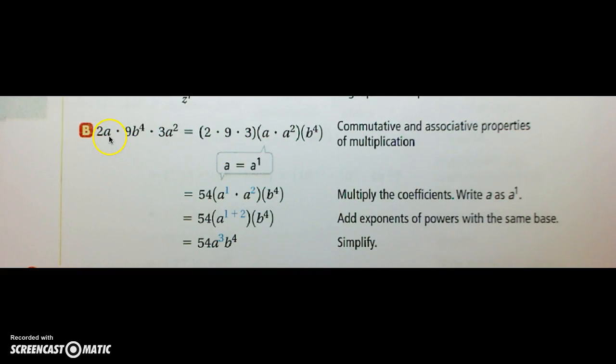And then we look at how many a's we have. We have 1 right here, the exponent, there isn't any, so it's understood as 1. And here we have 2 more. So we have 1 plus 2 is 3. And then we realize we only have 1 b, but it has an exponent of 4. So b to the 4th power just gets carried along to the answer.